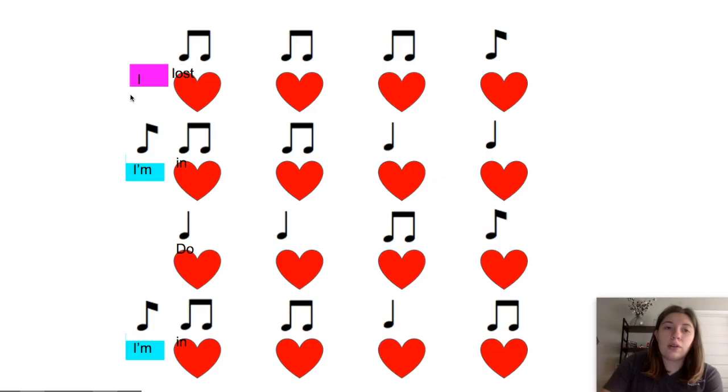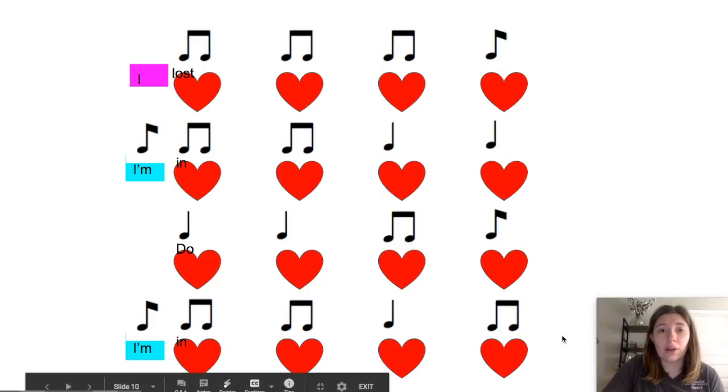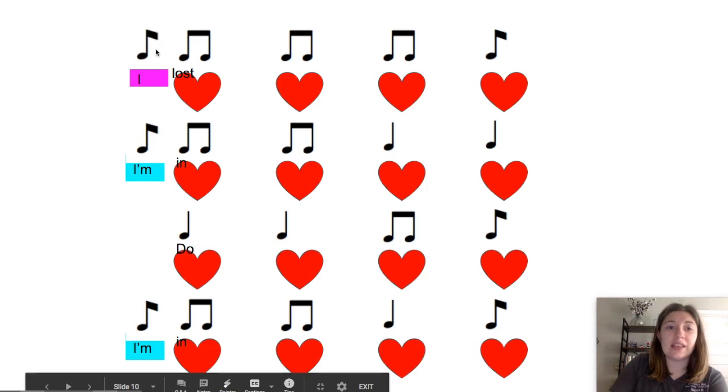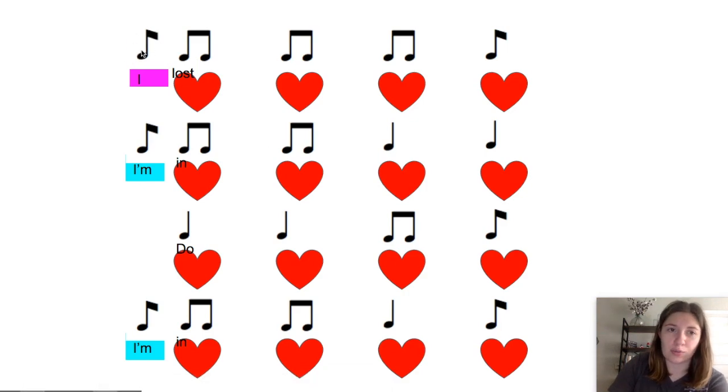So now let's go back to the external pickup note. So just like in math, sometimes we have to rearrange numbers when we subtract. And so we do the same thing in music. So we're going to look at this last toddy, and we're going to split it up and move the second part to the beginning for the external beat.